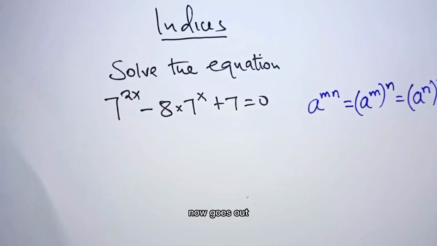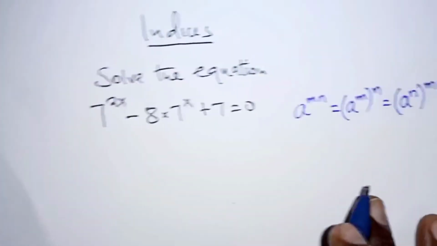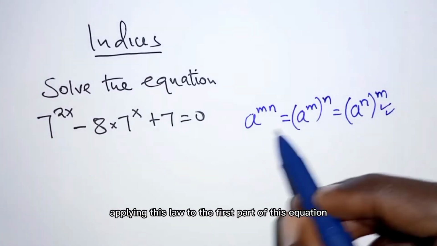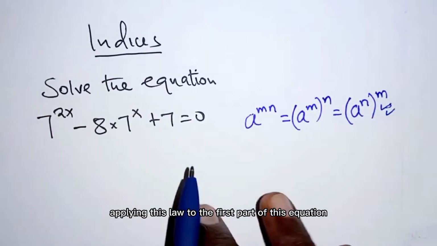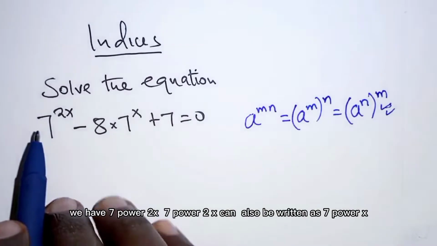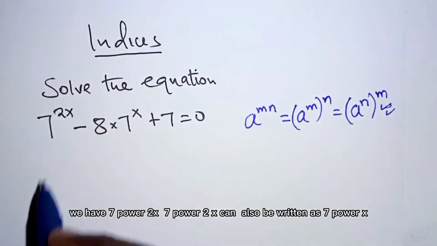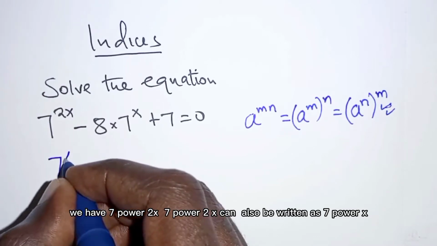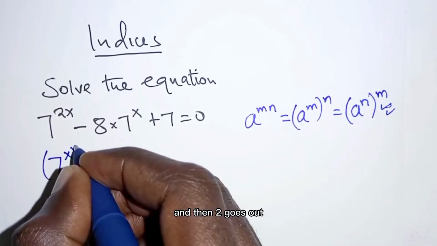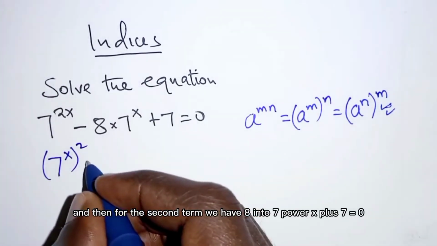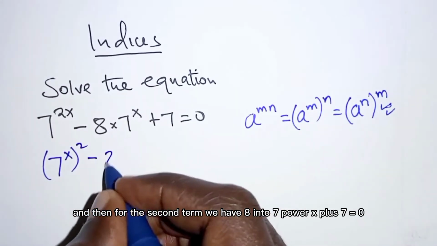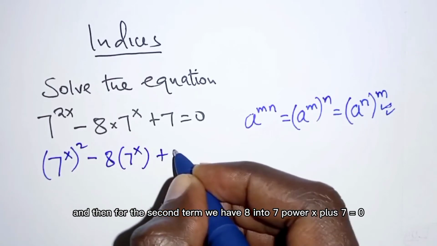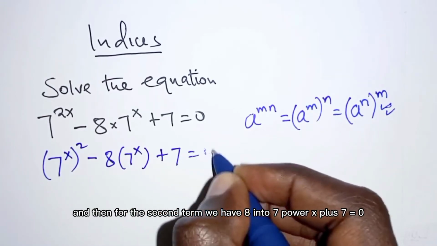Applying this law to the first part of this equation, 7 power 2x can also be written as 7 power x, and then 2 goes out. And for the second term, we have 8 into 7 power x plus 7 is equal to 0.